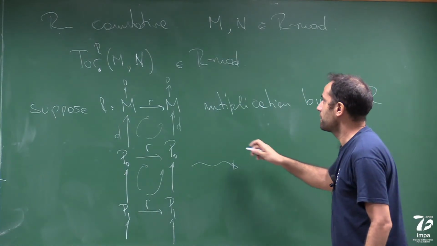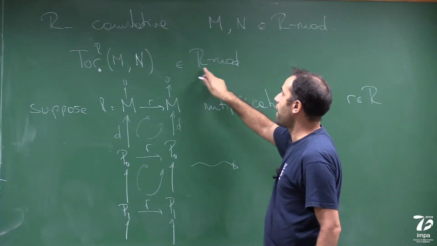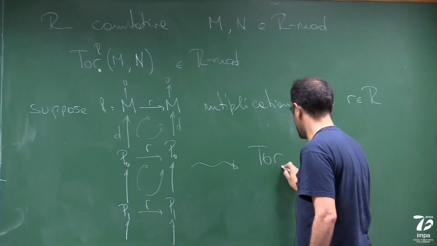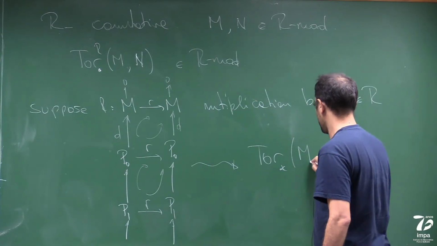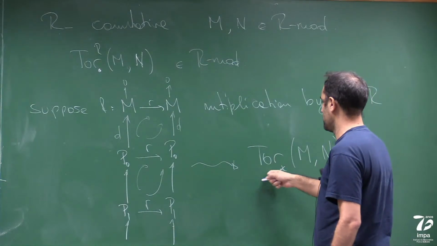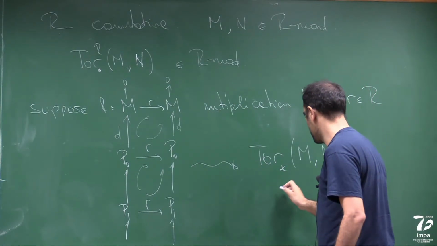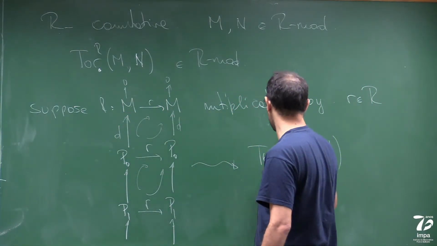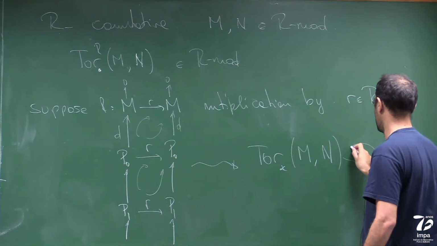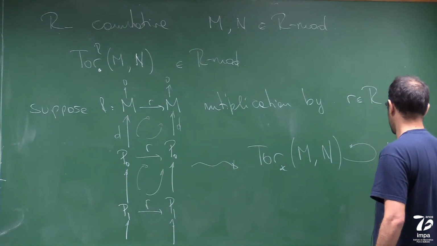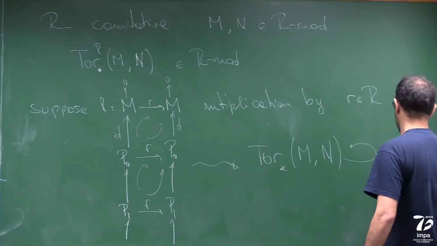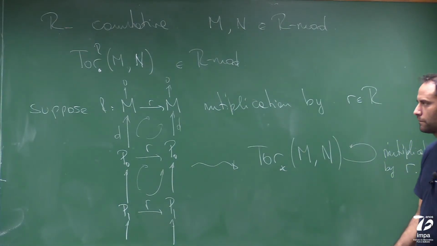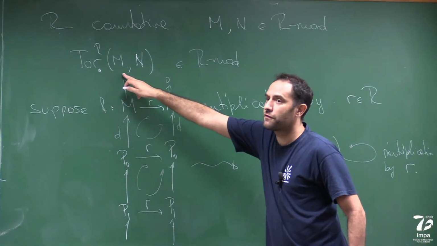So this implies that the action of R on Tor Mn, well, if I have a map from M to M, then I get a map from this guy to itself, which is multiplication by R. Right, Tor was functorial.